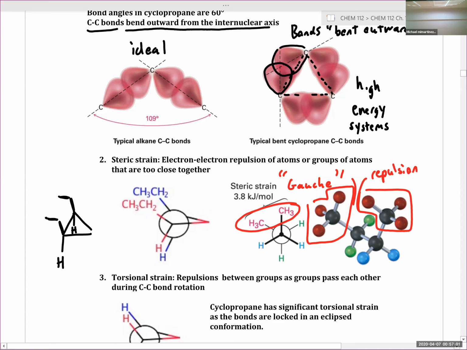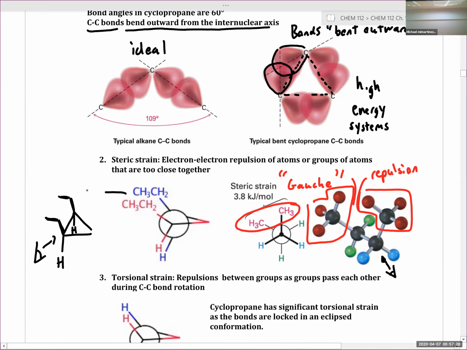Now, if we look down our carbon-carbon bond in cyclopropane, similar to how we generated a Newman projection looking down our carbon-carbon bond in butane, we can begin to appreciate that in cyclic systems, we also observe similar steric interactions.